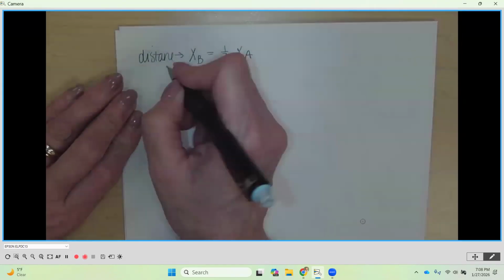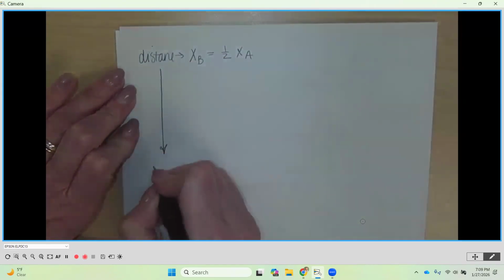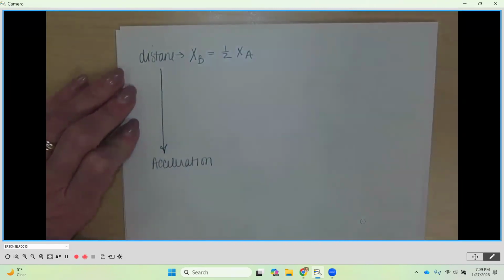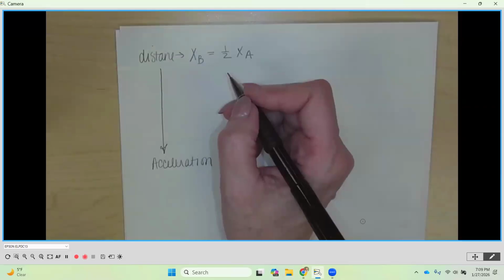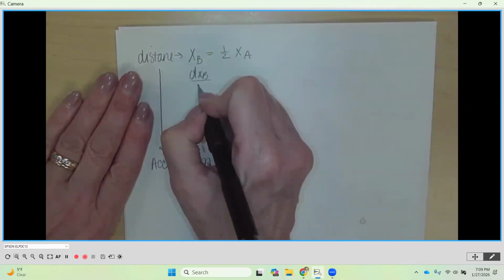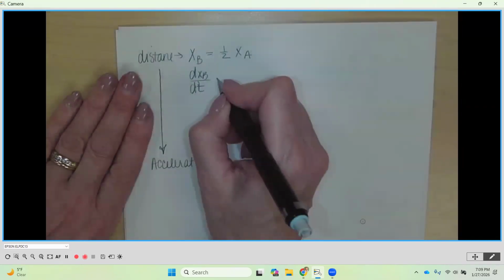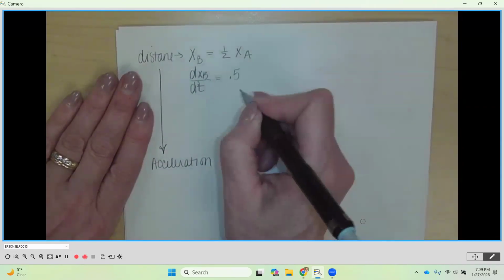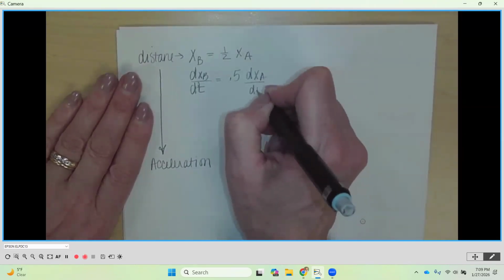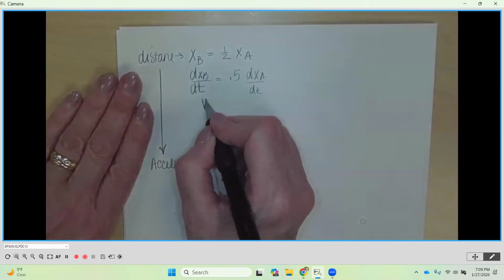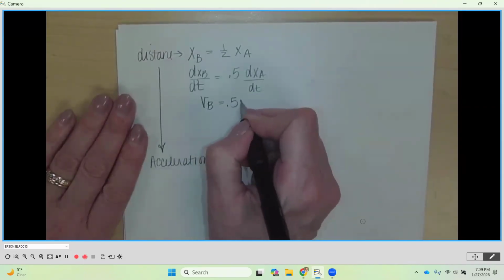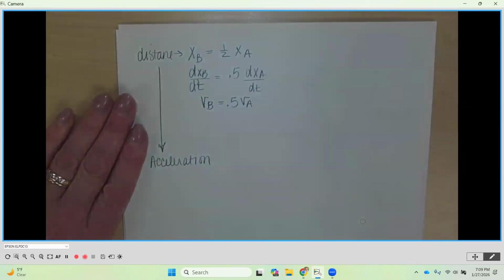So this is distance. We need to take 2 derivatives to get down to acceleration. The first derivative that we're going to take is dxb over dt, and that's going to be equal to 0.5 instead of 1/2, times dxa over dt. This is your velocity: the velocity of B is going to be equal to 1/2 the velocity of A, right?